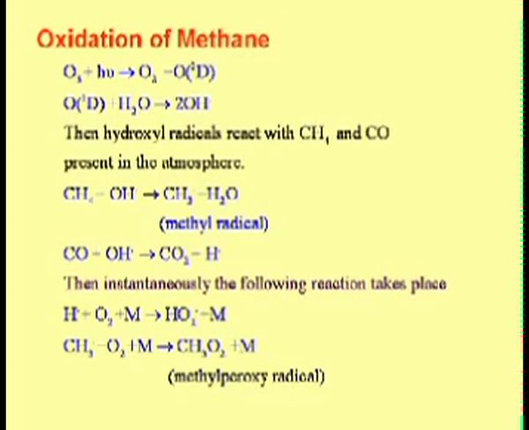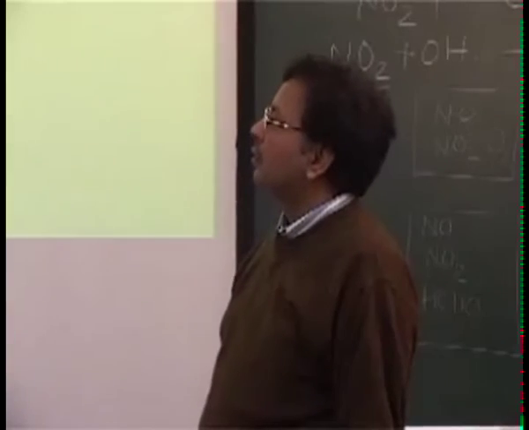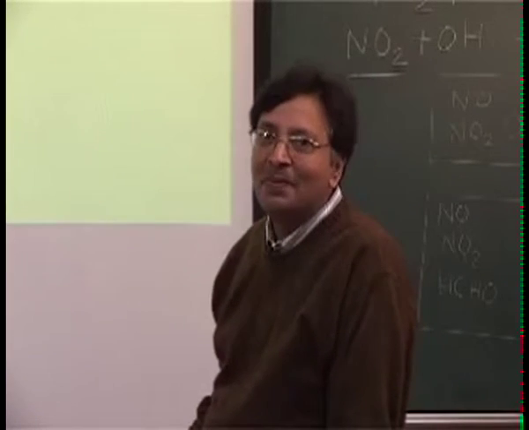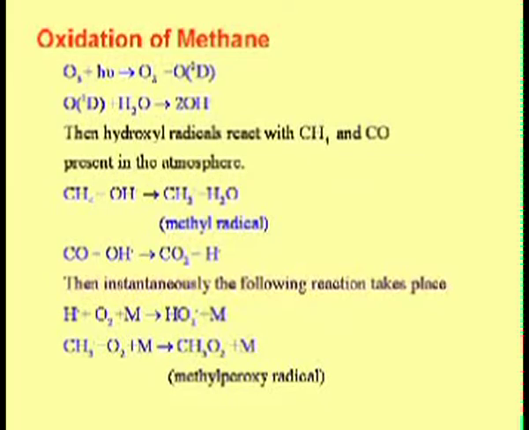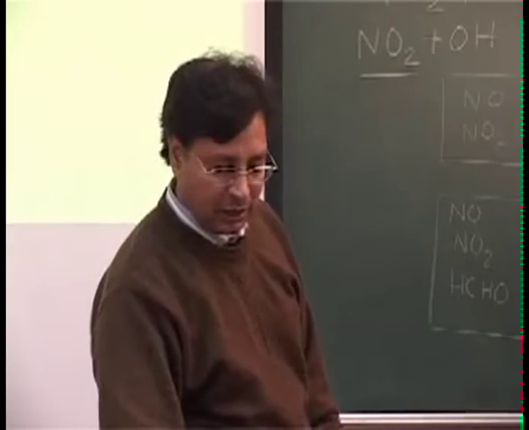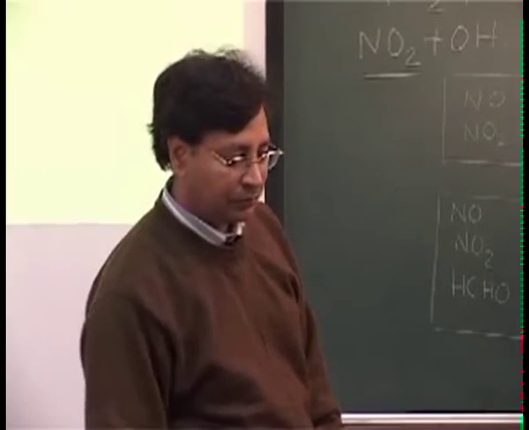It can react with oxygen and make CH3O2 radical, which is a methyl peroxy radical. Now we have to see what this methyl peroxy radical can do, because methane is in plenty, and this can produce CH3O2 radical.